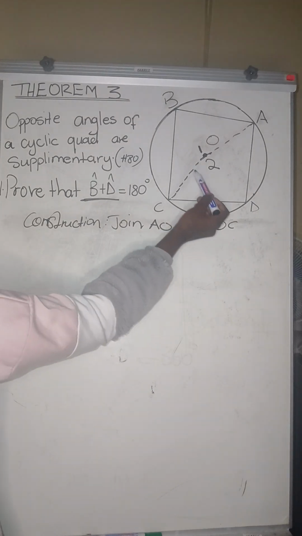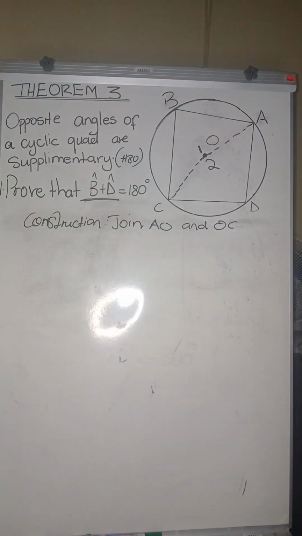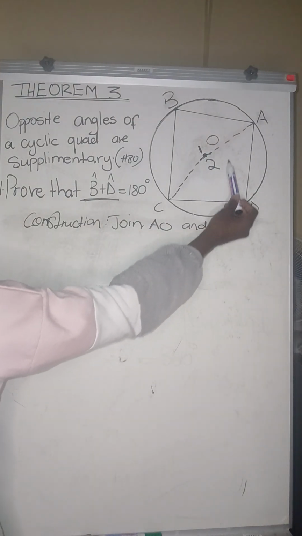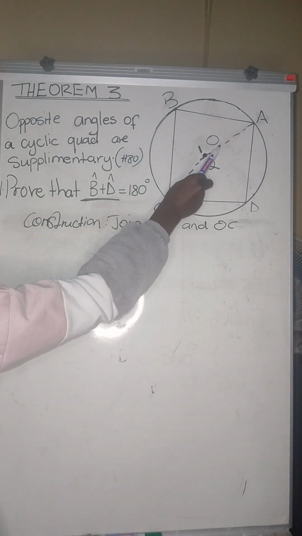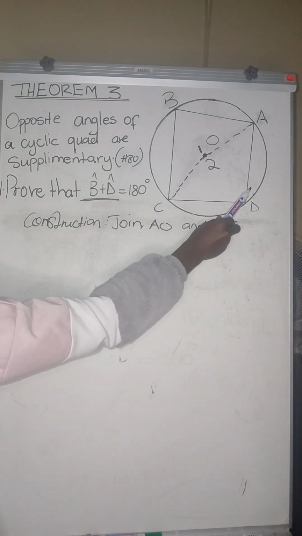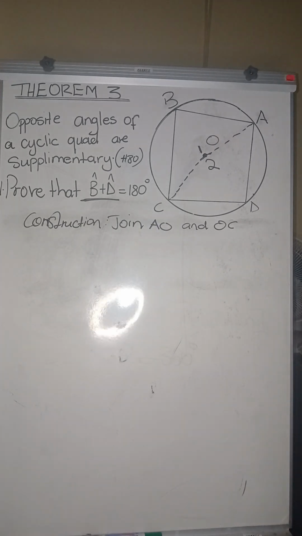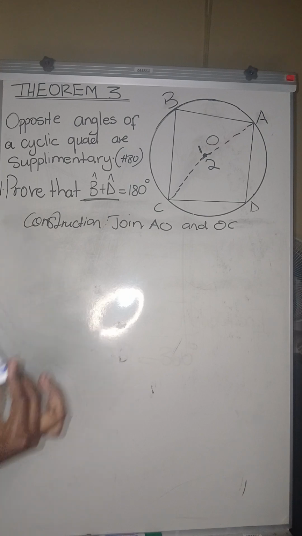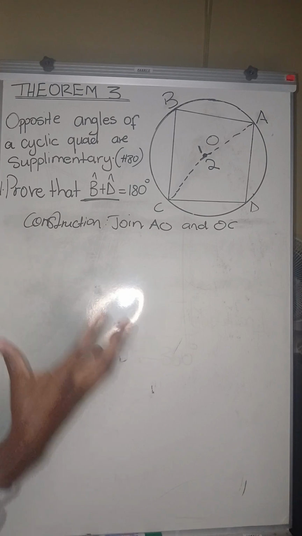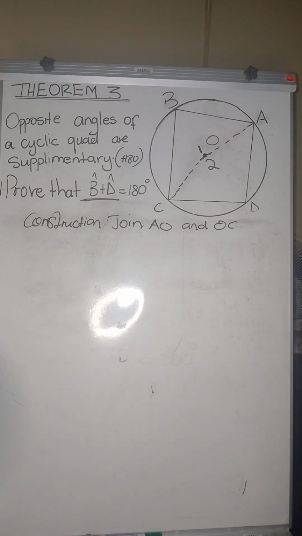This is the angle at the center. The angle at the center is double the angle at the circumference. We are going to use that theorem because we know it is true, since we proved it in the previous video.